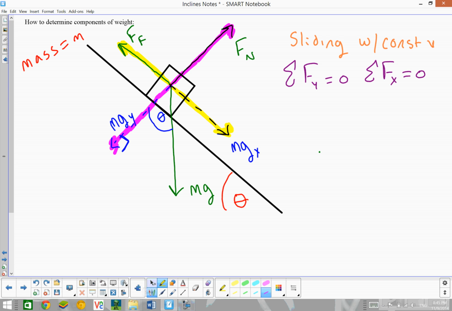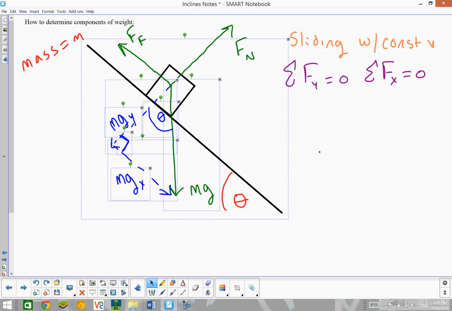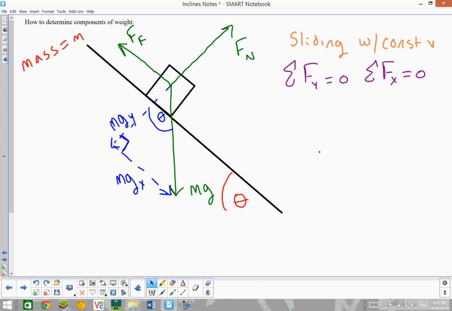So how do we find mgx and mgy? Well, let me go ahead and undo this. I'm going to move mgx back where it was. Now perhaps you can see that this here is a right triangle. And so we can use SOHCAHTOA to help ourselves find mgy and mgx. So I'm going to take a look at this angle theta here.